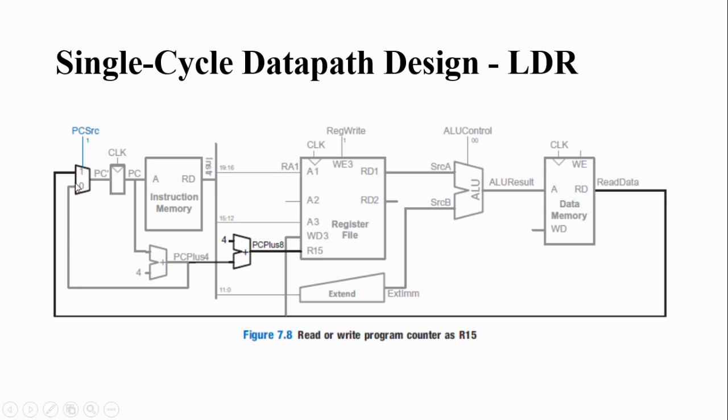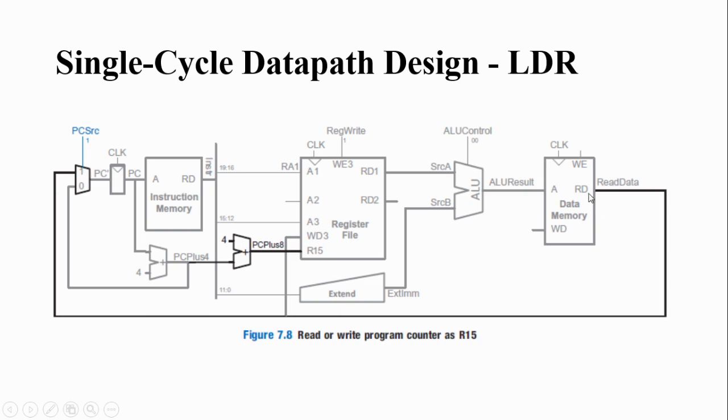PC' can have two sources. One source you have already seen: PC' will be PC plus 4. That means you are incrementing the program counter by 4, or you can update the program counter based on the address which is generated here, right? In this case, the data memory will be storing the address. So as a result of this operation, you will get a resultant address. That address can also be fed into the program counter.